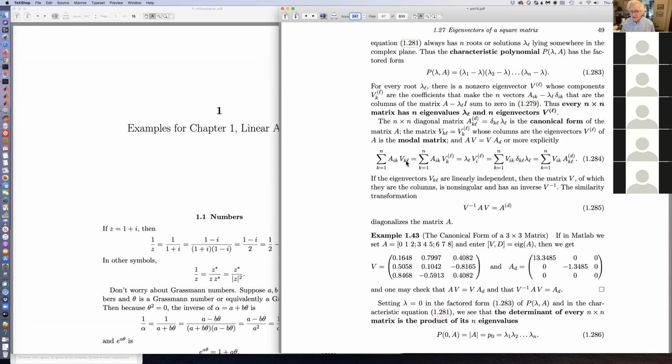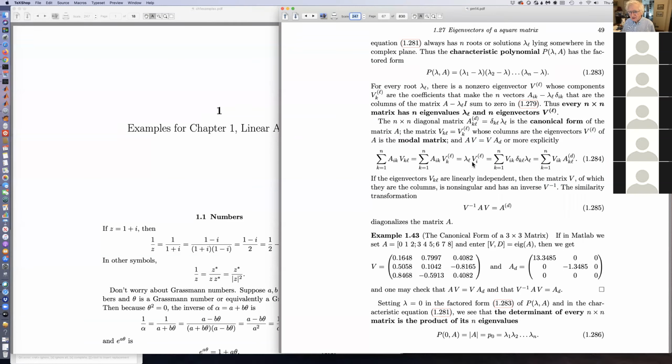Consequently, acting on this modal matrix, which is a matrix whose columns are the eigenvectors of the matrix A, what we get is that A multiplies each column by its corresponding eigenvalue, and so it looks like this, or equivalently like that.